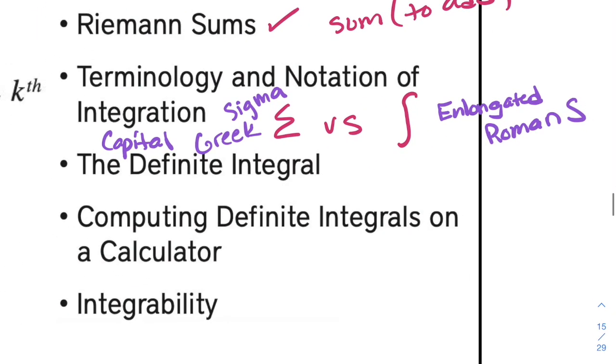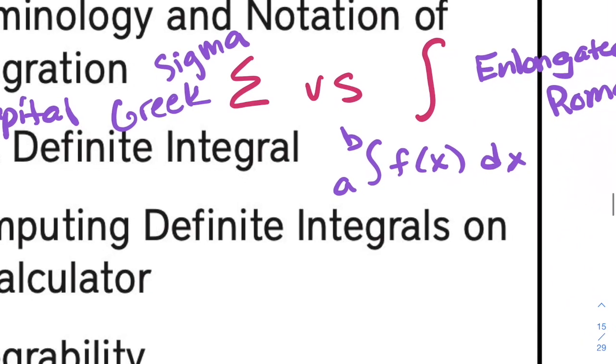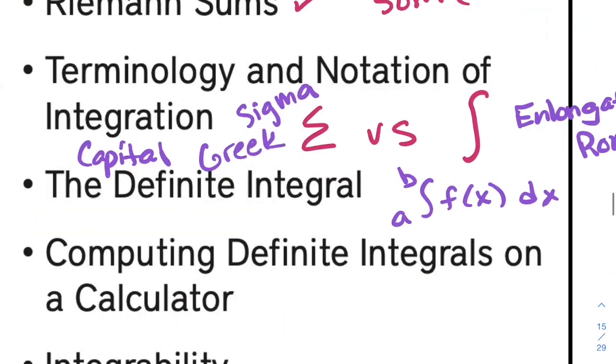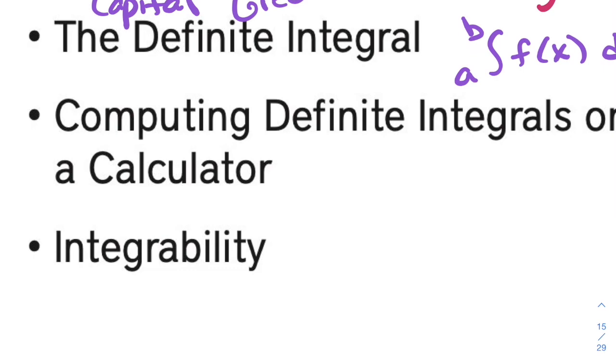Okay, the definite integral, which is going to be this right here, from a to b of a function with respect to a variable. And so we're going to see how it goes from being an elongated, a Greek sigma, capital Greek sigma, over to a definite integral. And then we're going to compute them. We can compute them on a calculator, but I'm not going to show you how to do this yet.